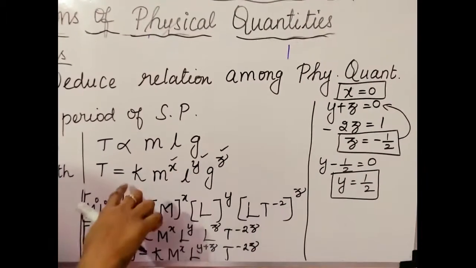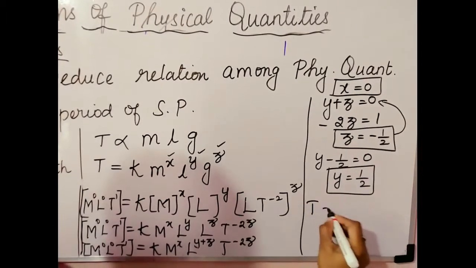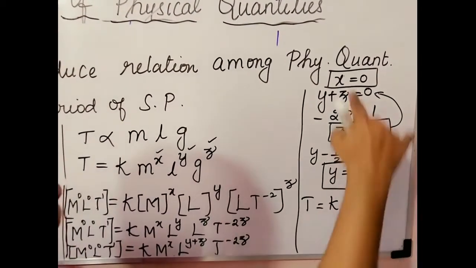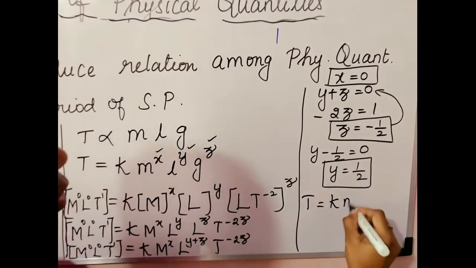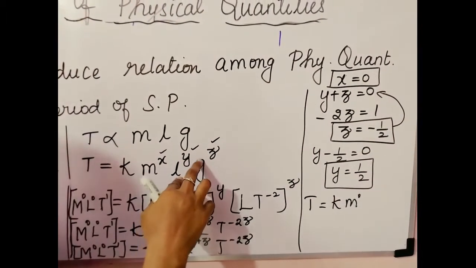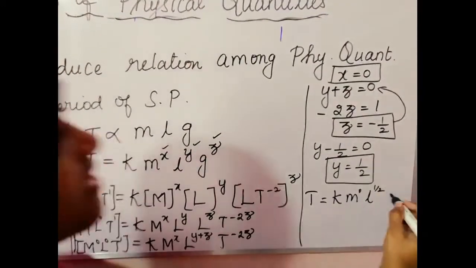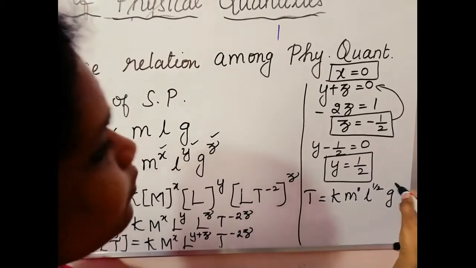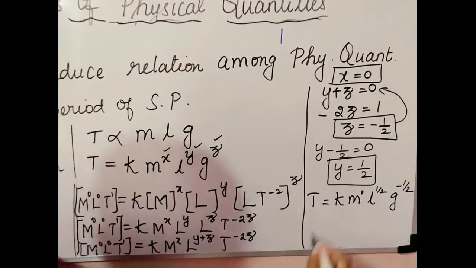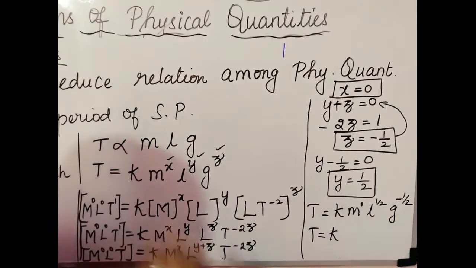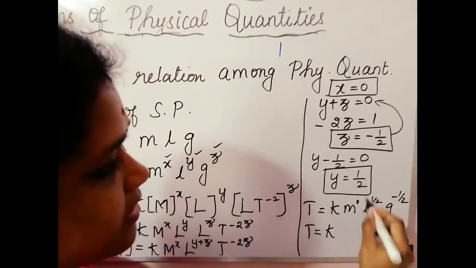We will substitute in this equation. So T is equal to K, m power x, which is m power 0, L power y, which is L power 1 by 2, then g power z, which is g power minus 1 by 2. m power 0 is 1, so we will neglect it.